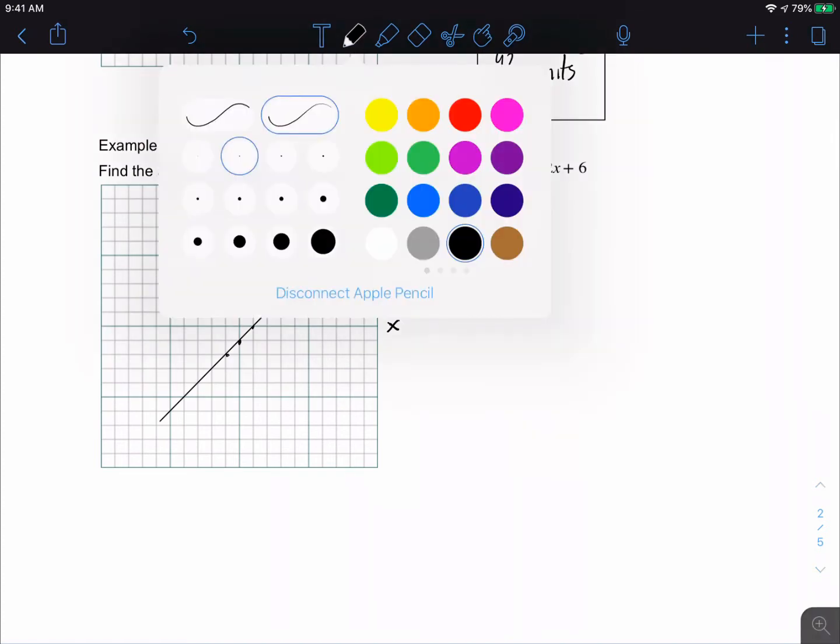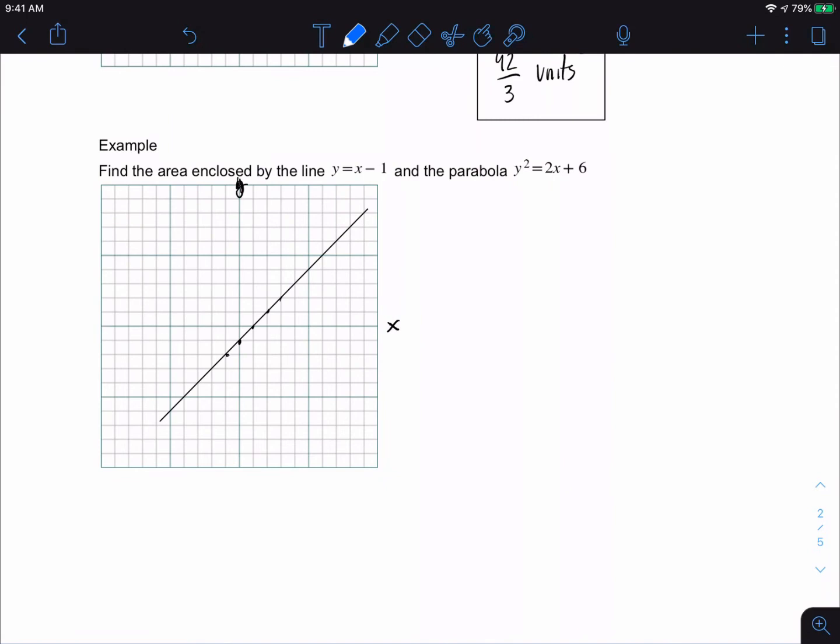And then my parabola, y squared equals 2x plus 6, is going to be something like this.